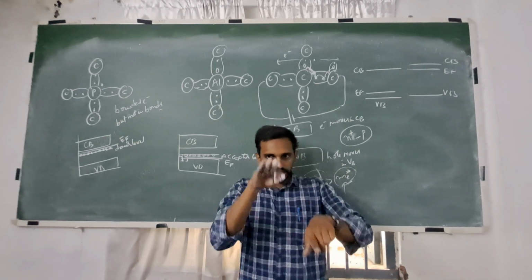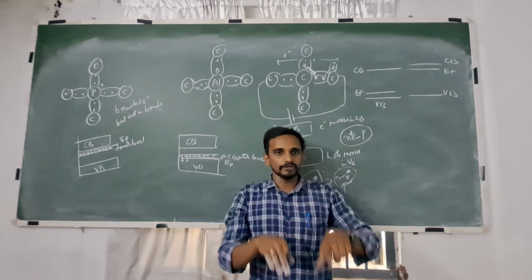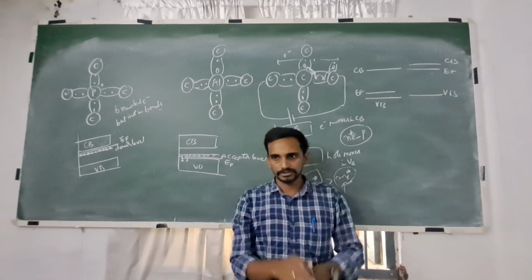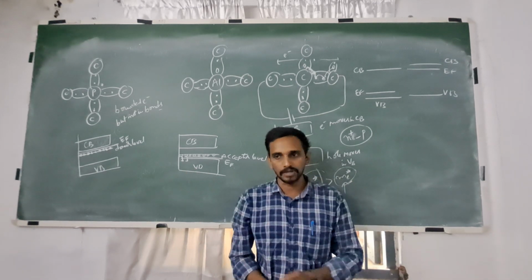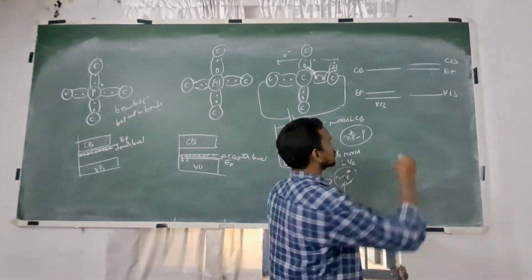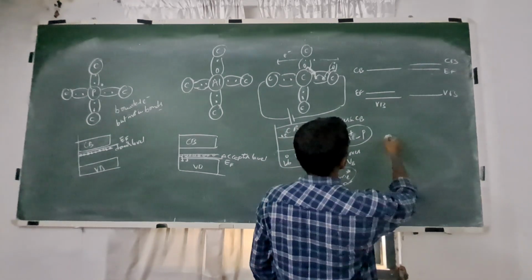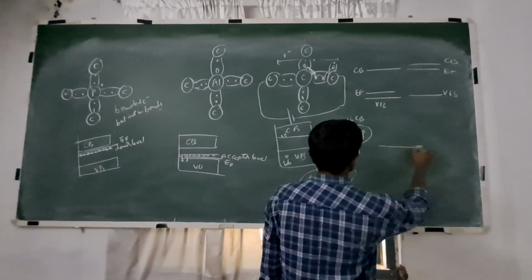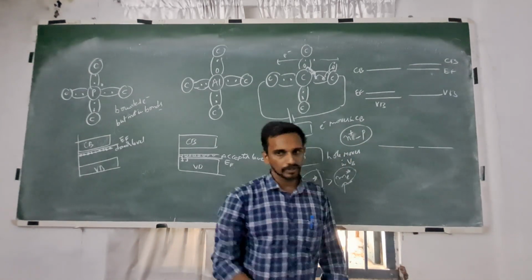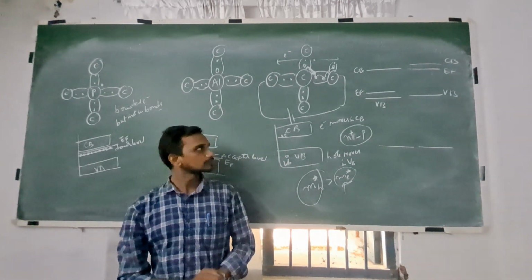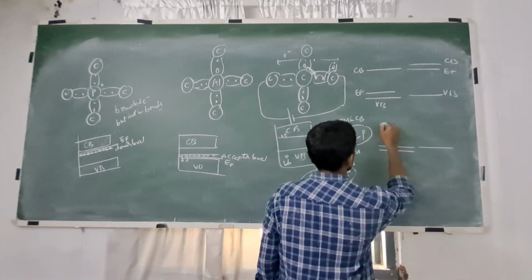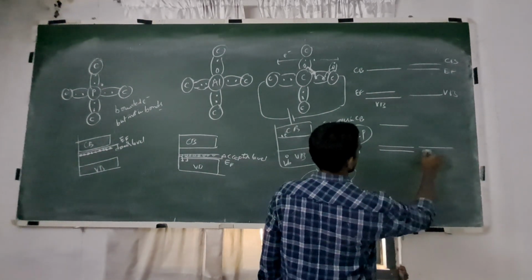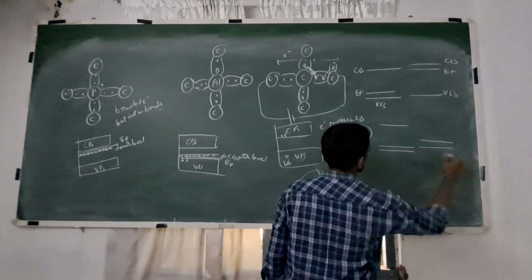Now when you join two materials with different energy levels, they get balanced. Like when you join water tanks at different levels, they will balance. So the Fermi level balances, and we have to shift all the other levels according to that. So the valence band comes here on the P side and the conduction band comes here on the N side.